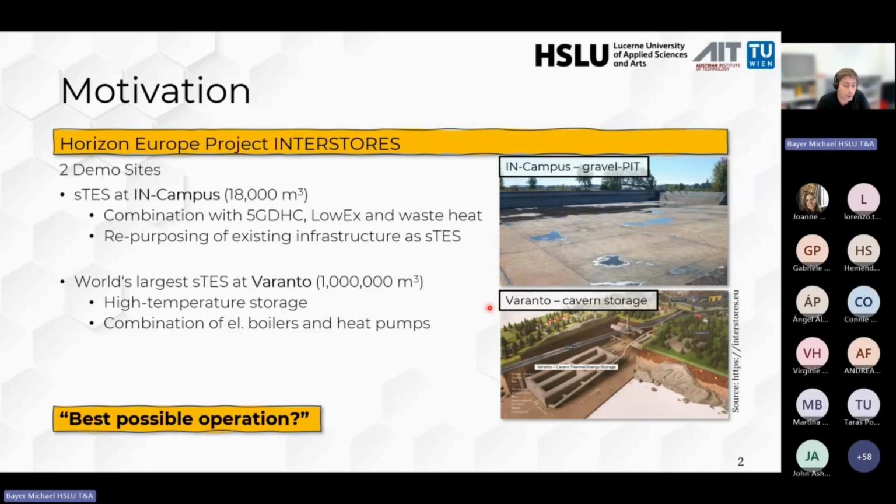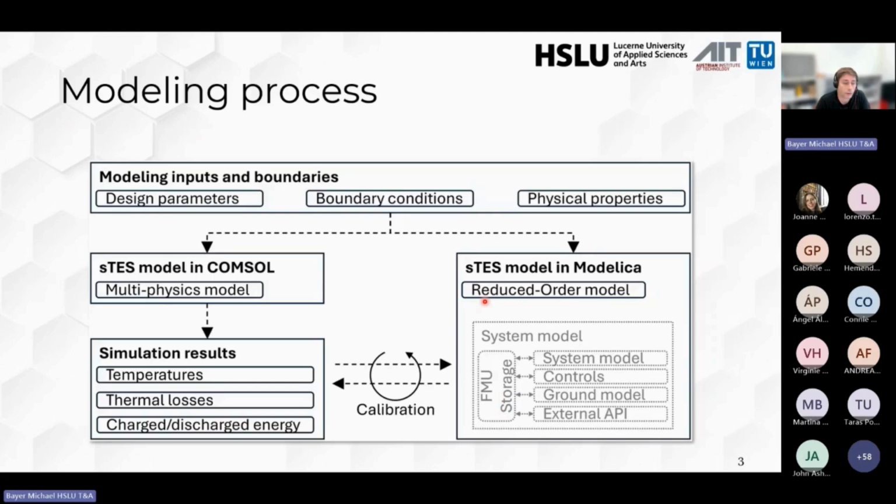And one aspect of us from HSLU was the development of a reduced order model in Modelica, which is both fast and accurate, so it can then be used for system simulations in a real environment. The issue so far was that we don't have measurement data yet, so we had to come up with a process for how to create this ROM.